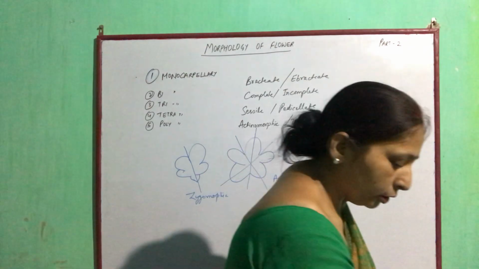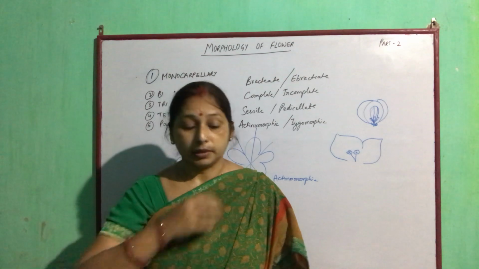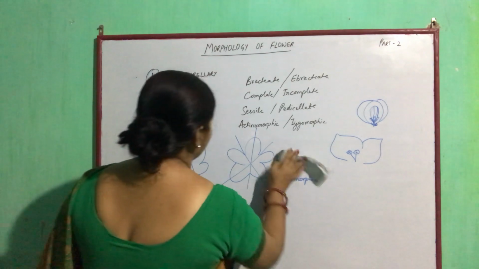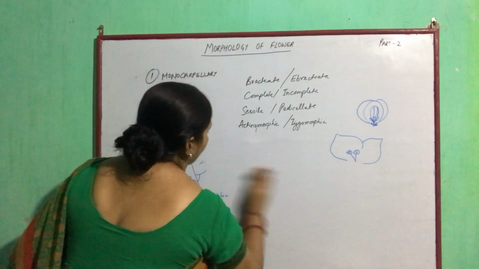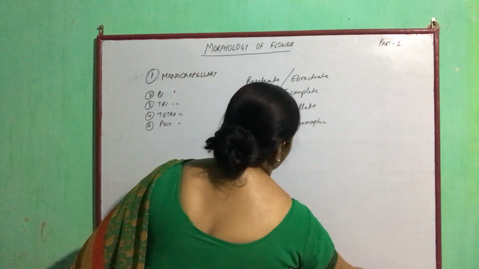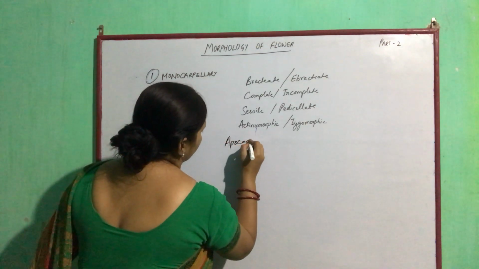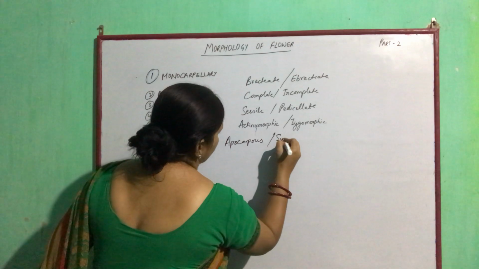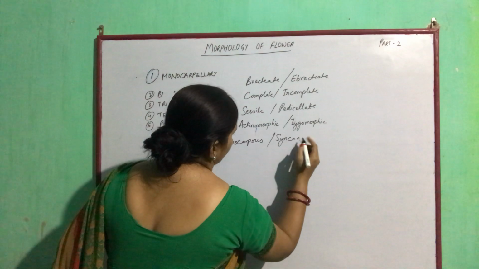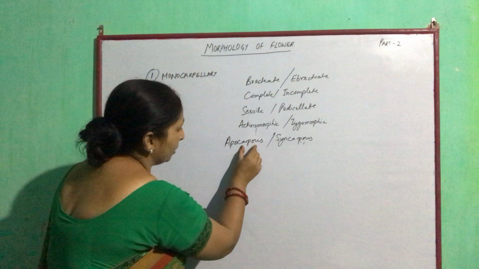This is, I think, all the terms I have explained. One more term is apocarpous and syncarpous that we have skipped. Apocarpous, from the name carpus, carpel.